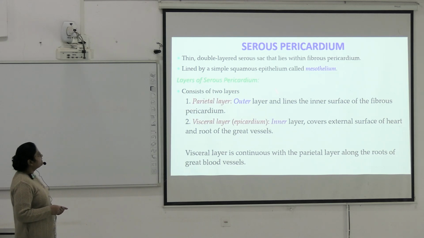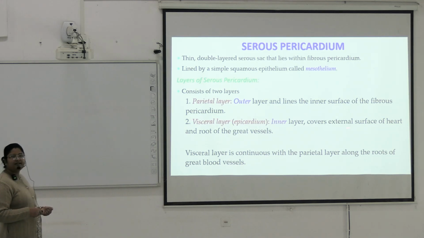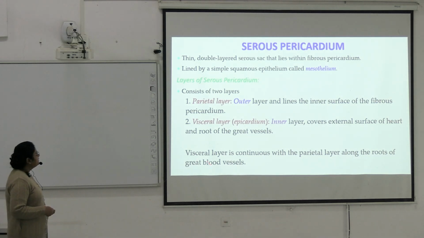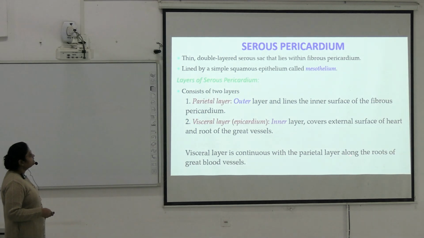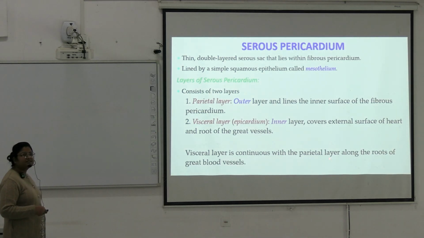Parietal layer, it is the outer layer, lines the inner surface of fibrous pericardium. Visceral layer, also known as epicardium, this is the inner layer, covers the external surface of the heart and root of the great vessels. Visceral layer is continuous with the parietal layer along the roots of the great blood vessels.